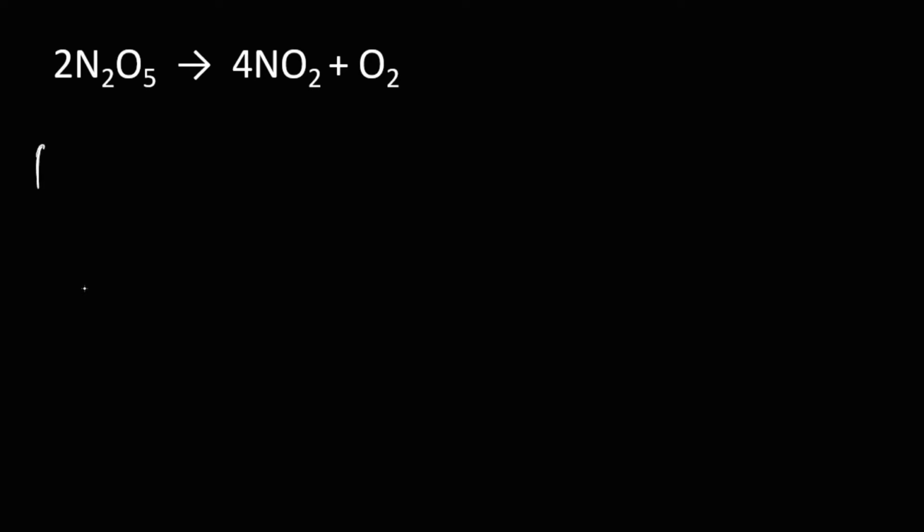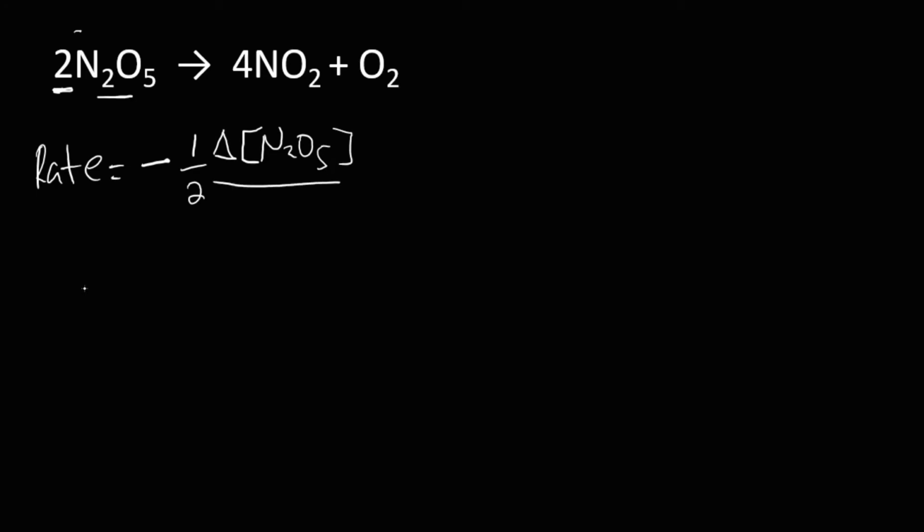Let's write it down. Our rate expression equals negative. Why negative? Because this reactant will disappear. And then 1 over 2. Why 1 over 2? Because our stoichiometric coefficient is 2.